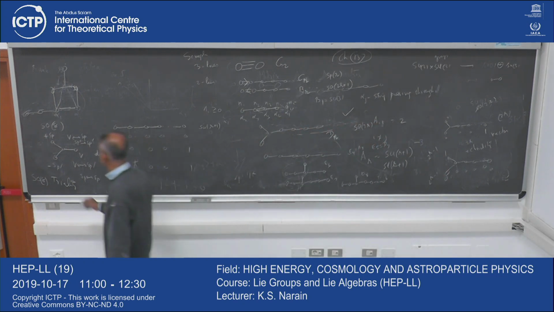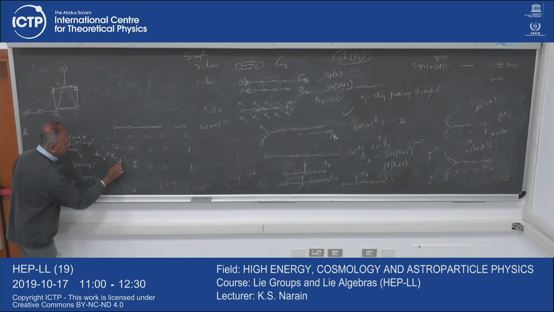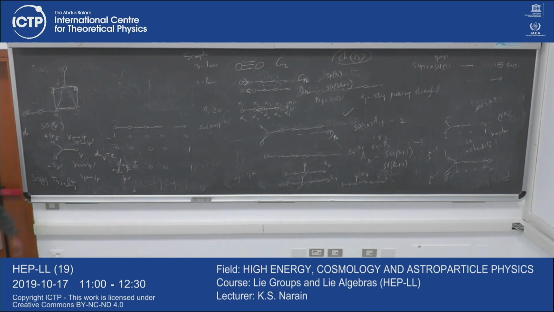It's an amazing fact that the dimension of the vector is the same as the dimension of the spinor and of the spinor prime. It's a very peculiar feature of SO8. It doesn't happen in any other dimension.